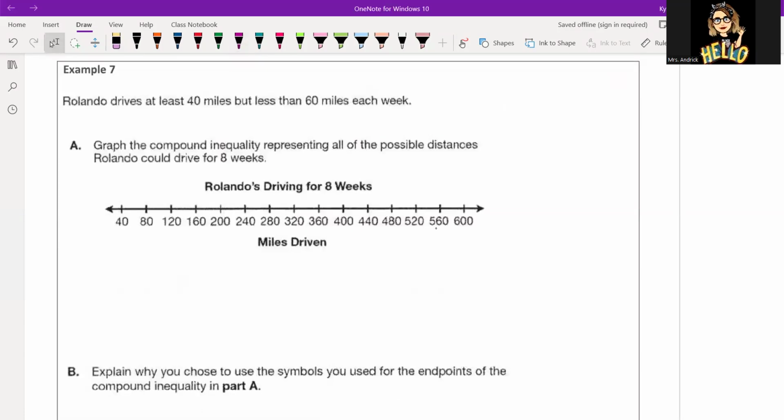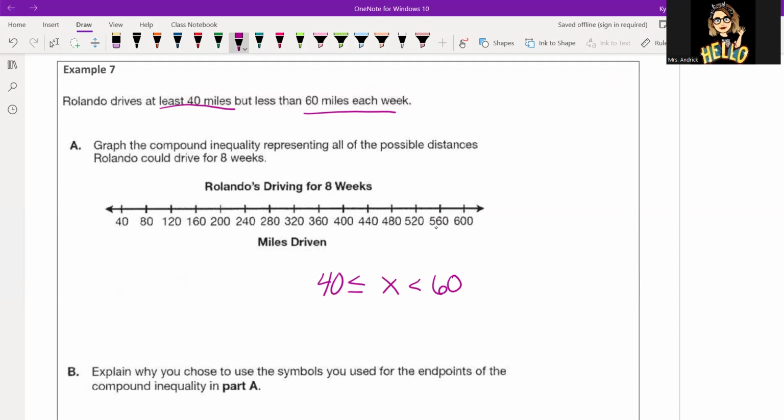So Rolando drives at least 40 miles, but less than 60 miles. Okay, so he drives over 40 miles, but less than 60 miles each week.